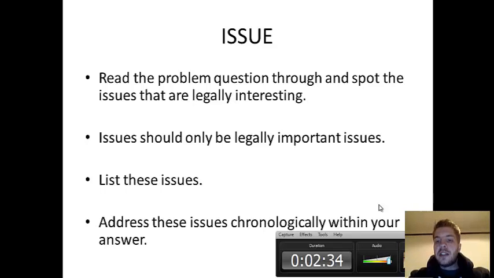So, if it says John wears red shoes, what's his red shoes got to do with public law? But if John's the baker and he has a rival baker sitting on an appeals panel, you can see that that might have an issue of bias. So the issue stage is you being able to read through the question and go through it and spot all the things within that question that you believe might raise legal issues.